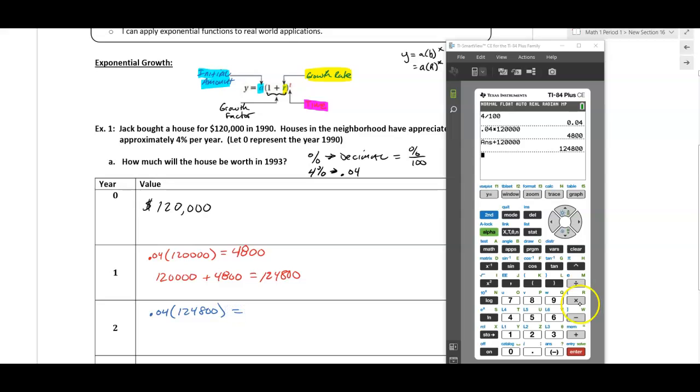When I do that on my calculator, times 0.04, the amount it goes up now is $4,992. So I'm going to take the 124,800 and add 4,992.